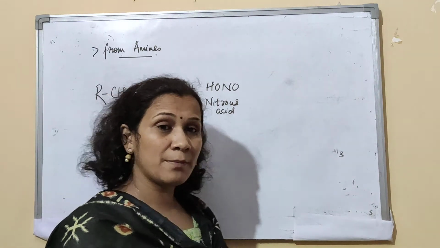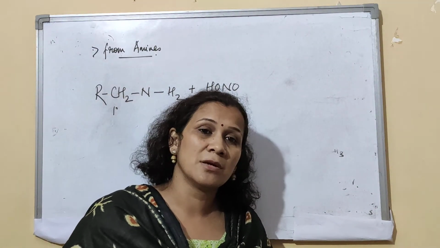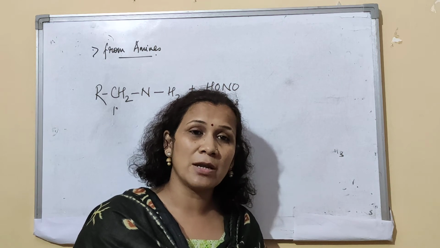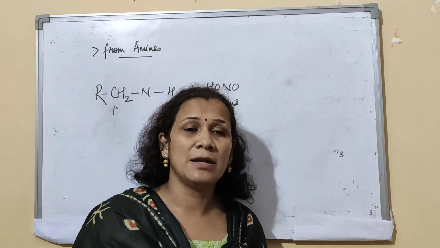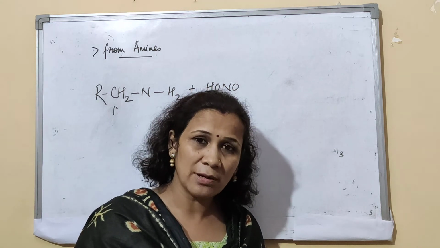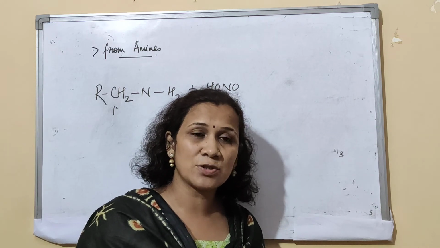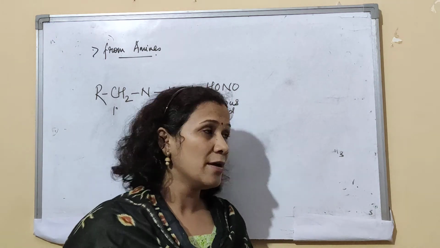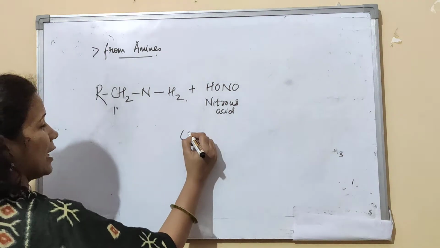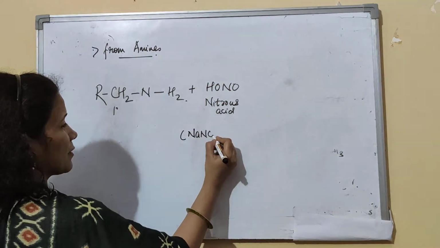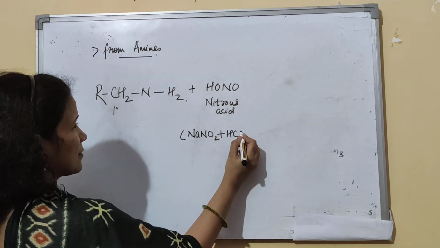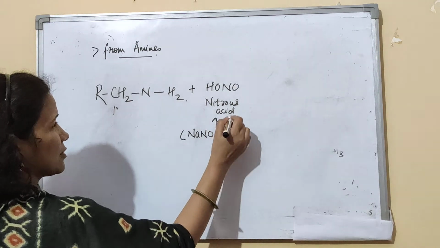I hope you remember how we make nitrous acid. Just to remind you, there was a reaction named diazotization reaction. In that we treated sodium nitrite with HCl. So when you treat NaNO2 with HCl, you get nitrous acid.